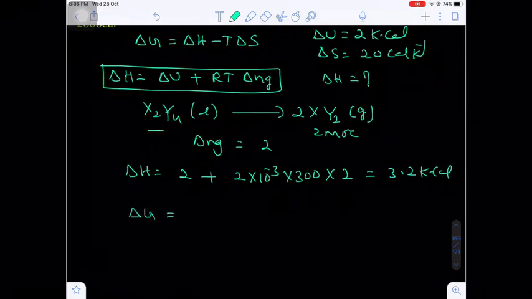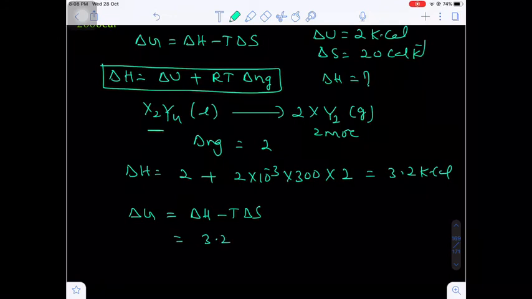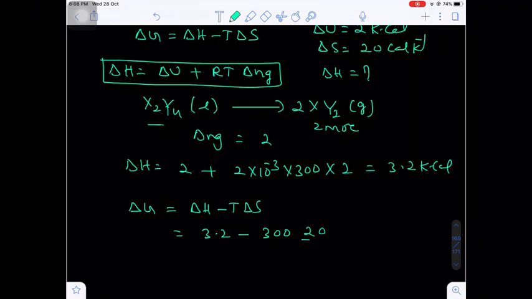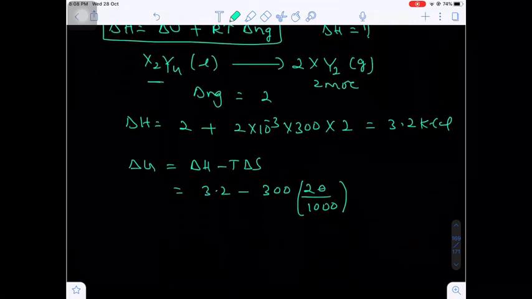After getting the delta H, can I find the delta G? Yes, delta G equal to delta H minus T delta S. Delta H value is 3.2 minus the temperature 300, and the delta S value is 20 calorie, but I have to convert it into kilocalorie, so that's why I am writing 20 by 1000. So 3 zeros get cancelled here.